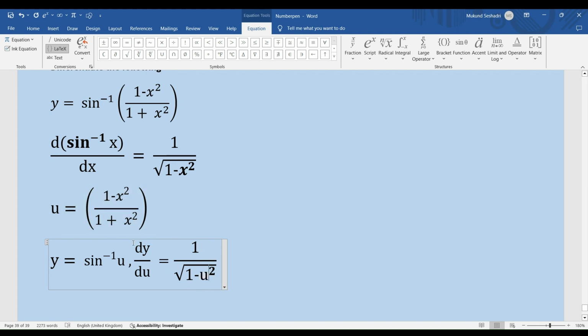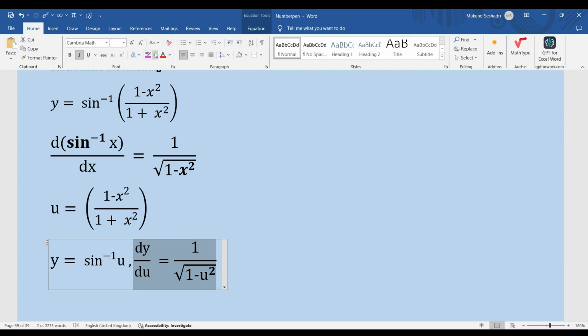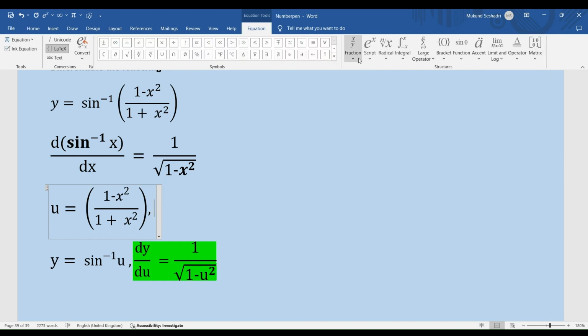And then let me highlight this with my usual color. And then I've been asked to find dy by dx, right? So for dy by dx, I will apply the chain rule to solve this problem. But before that, we will have to figure out my du by dx, right? So let's write that down as well.